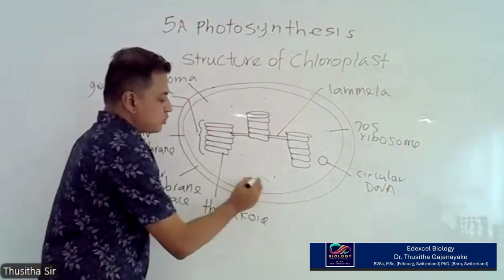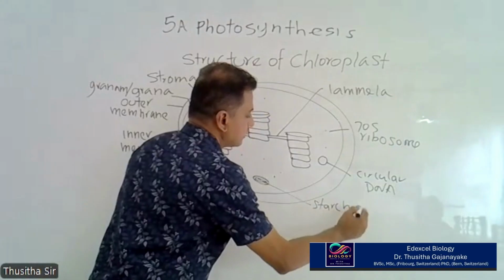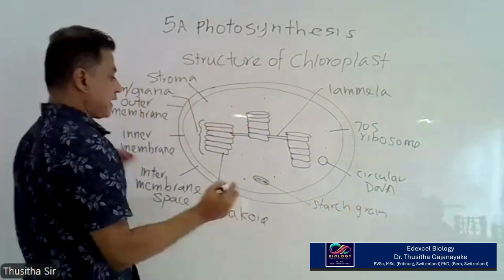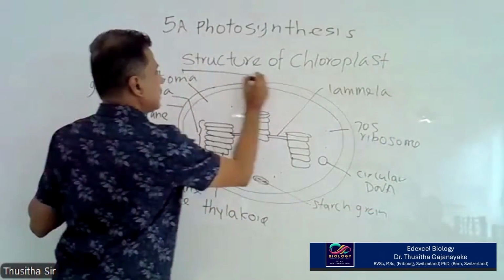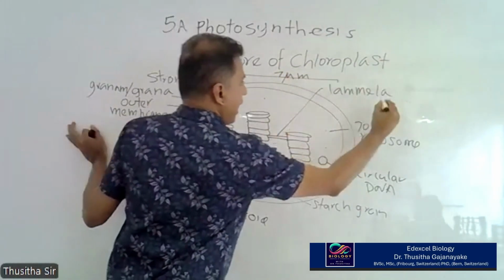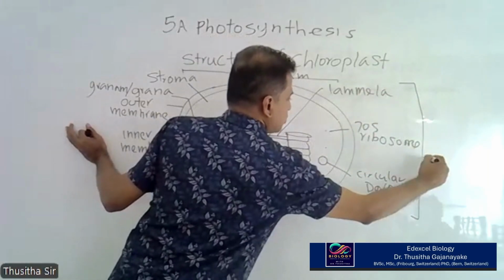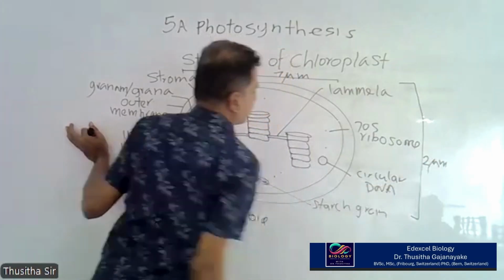And sometimes we can also find a starch grain. The size of the chloroplast is roughly a maximum of maybe 7 micrometers in length, and the width is around 2 to 3 micrometers.